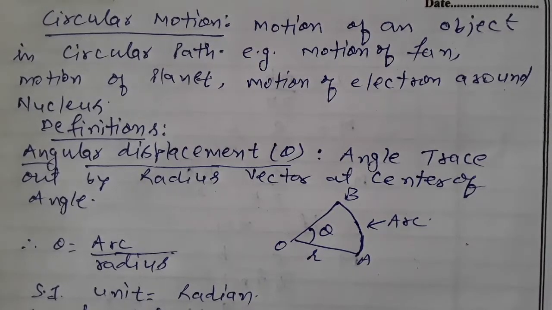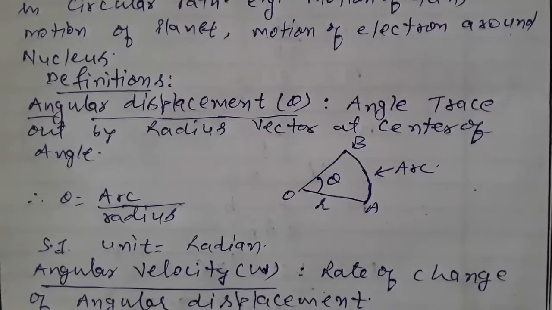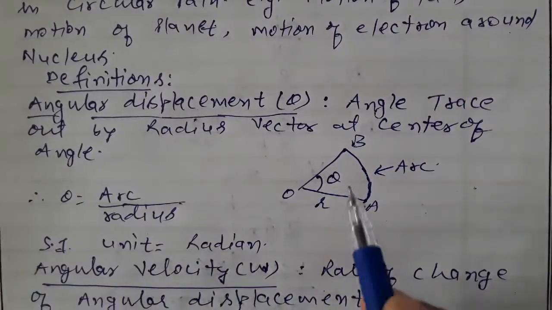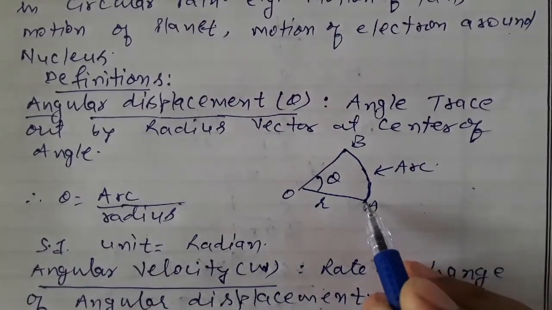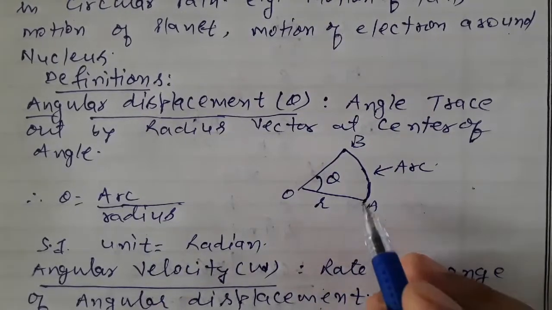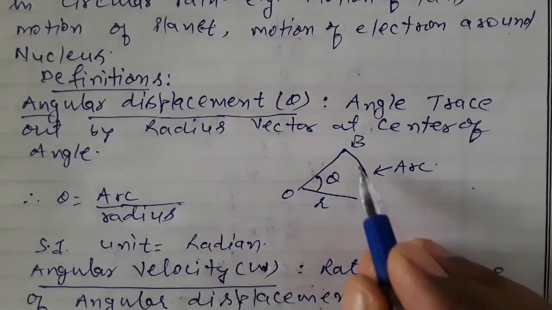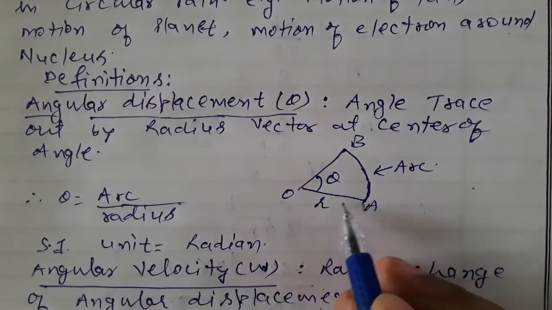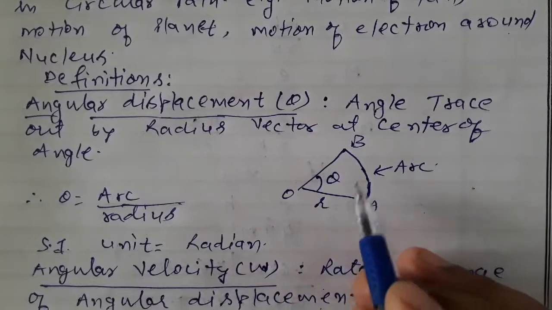In circular motion, we have some definitions. First is angular displacement. Suppose the object is moving in a circular path along the path AB. Then AB is called the arc, and OA is called the radius.